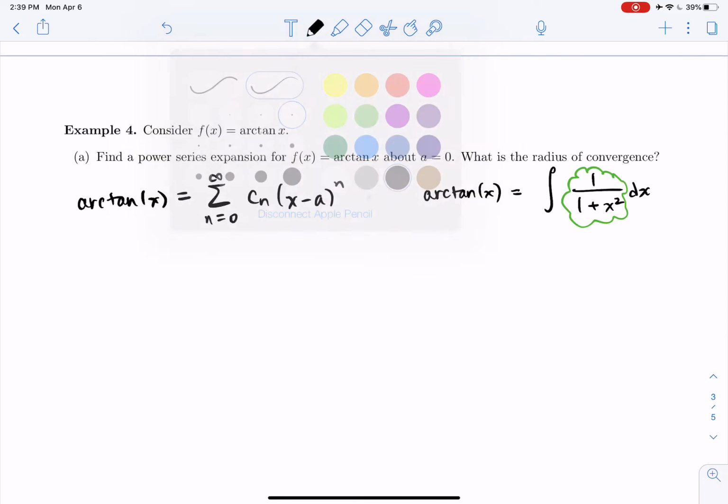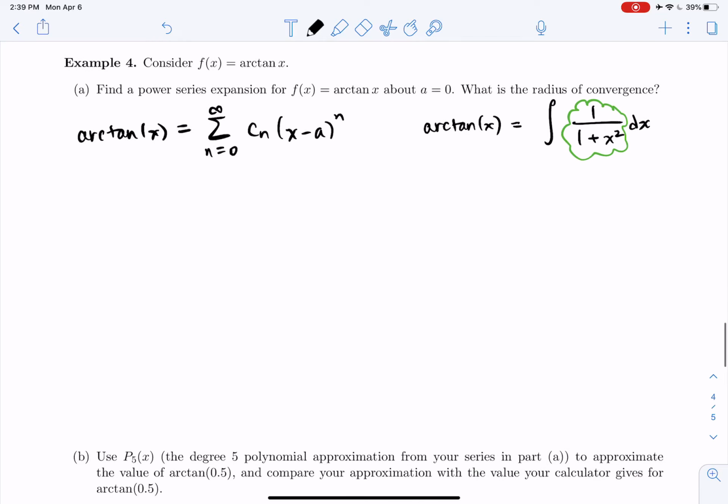So let's find a power series expansion for 1 over 1 plus x squared, because it kind of looks like 1 over 1 minus x. We have to do a little trickery to make it look like that, but there it is. So this looks like 1 over 1 minus negative x squared.